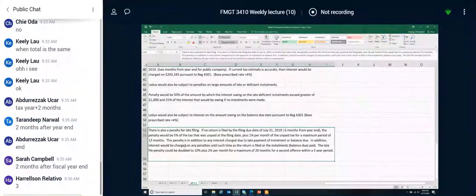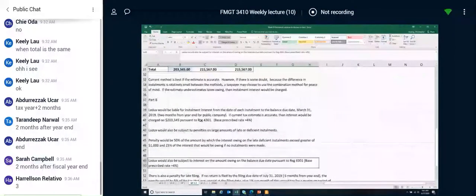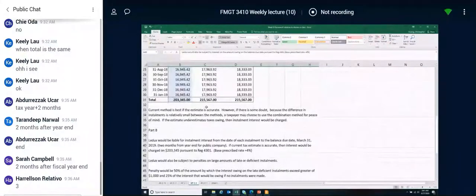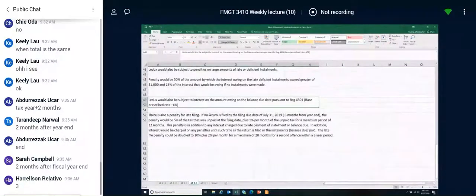Because these penalties are based on the unpaid amount of tax, if you paid all your installments and you paid your balance due, you're never going to have to worry about an actual penalty being applied, okay? On top of that, you don't really have any interest to worry about if you paid sufficient installments and you paid your balance due, even if you didn't file your return, okay?